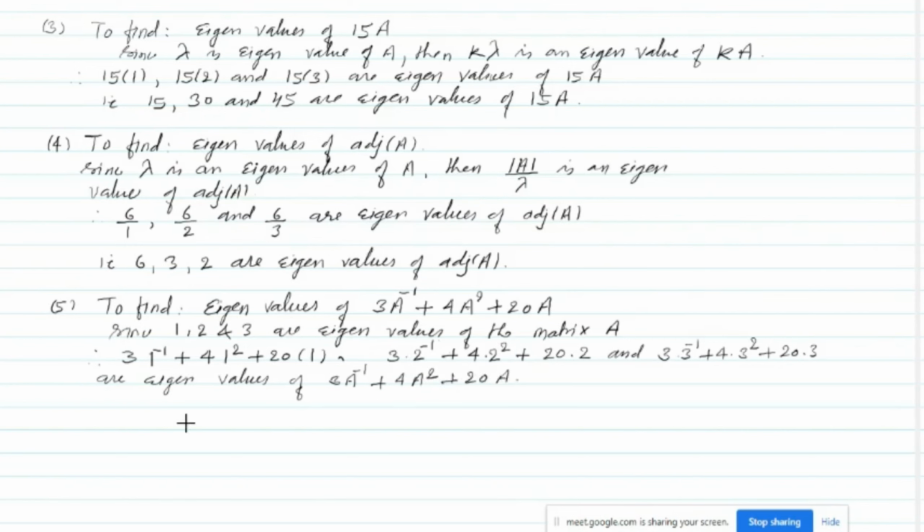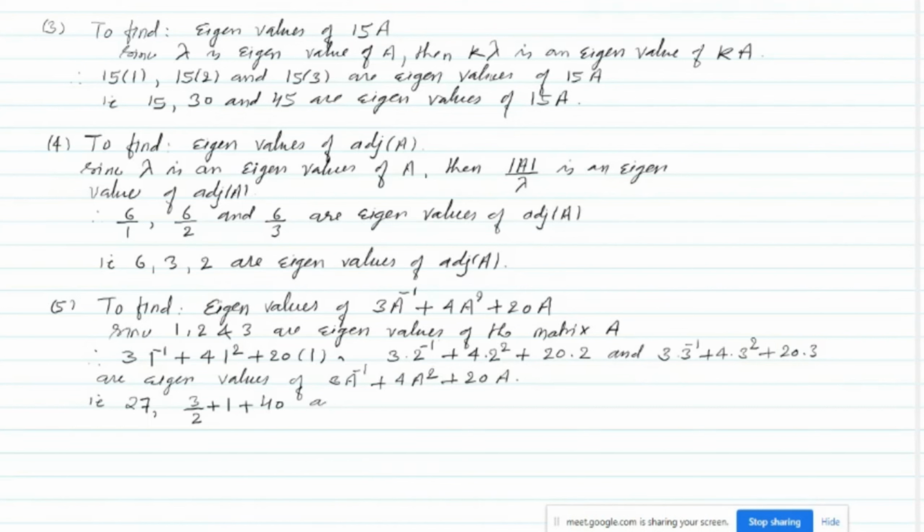Okay, so just simplify that. Here we get 3 plus 4 is 7, and 20, so 27. And here just find the expression: 3 by 2 plus 4 times 4 is 16, plus 40.